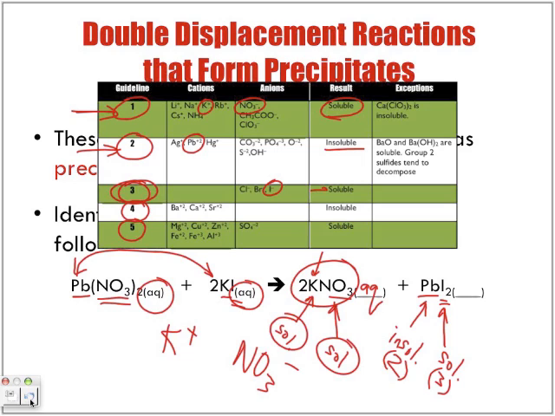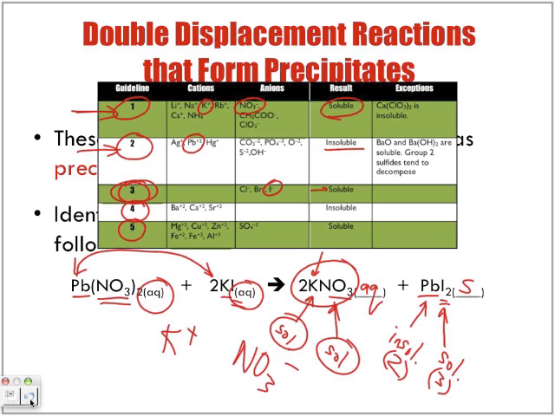So the higher up that we are in the guideline, that's what's going to overpower the entire, or pretty much offset the lower one. So because the higher guideline is 2, and 2 says we're insoluble, this one is what's going to precipitate.